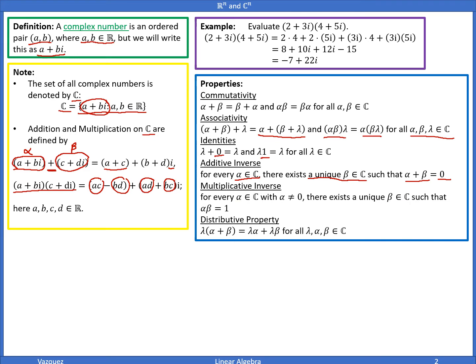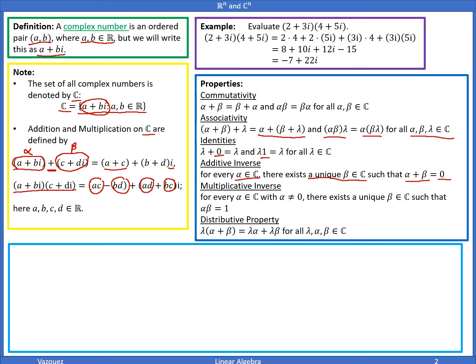And for proof, we're going to use a different color. I'm going to show you over here that complex numbers under multiplication are commutative.